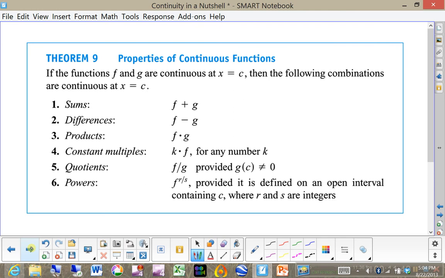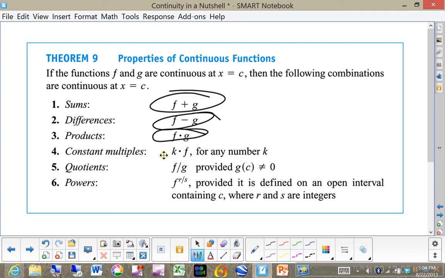Now, there is a pretty obvious or intuitive property of continuous functions: if you have two functions f and g that are both continuous at x equals c, then if you add the two functions, that function will still be continuous. If you take the difference, it'll still be continuous. If you take the product, it'll still be continuous.